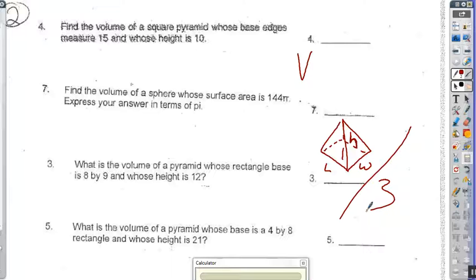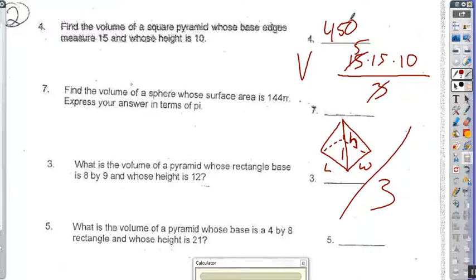So if I have a square pyramid, I know that the base edges are going to be 15. So we have 15 times 15 times a height of 10, and we're going to divide this by 3. Okay, well, 15 divided by 3, that's 5. So I have 5 times 15, which is 45. 45 times 10 is 450.